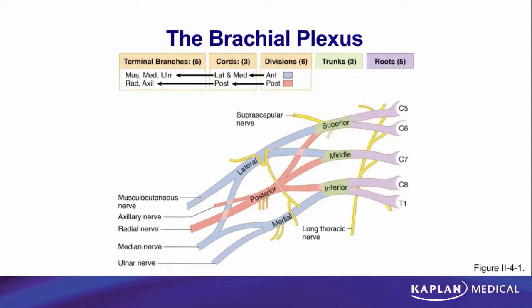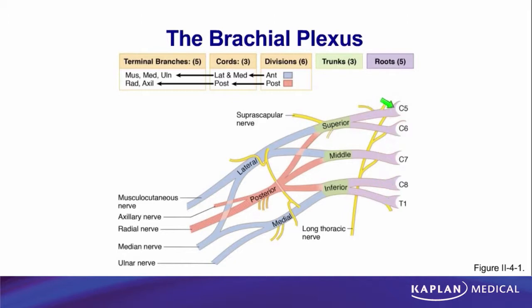So let's start with the nerve supply to the upper limb, which is from the brachial plexus. So the nerve supply for the upper limb comes from spinal cord level C5, 6, 7, 8, and T1. And what's being represented on this diagram here are the anterior rami of C5 through T1.